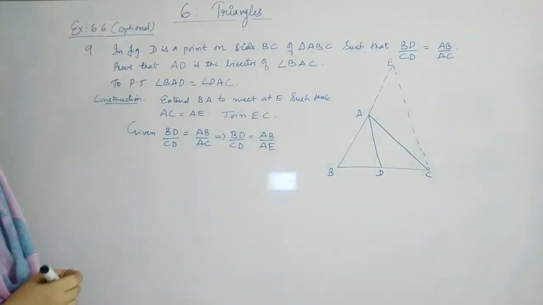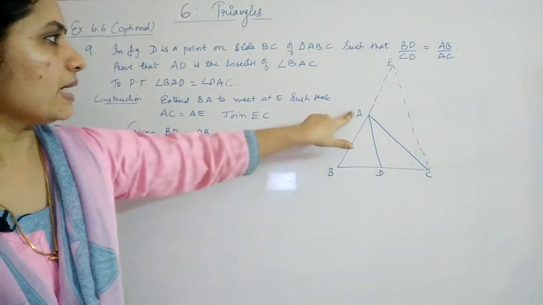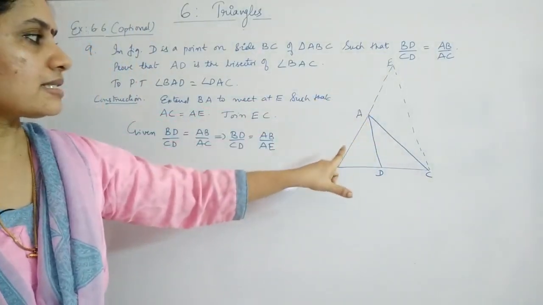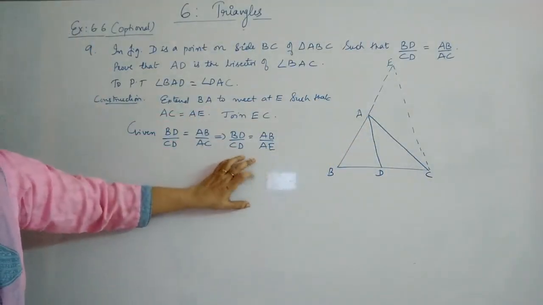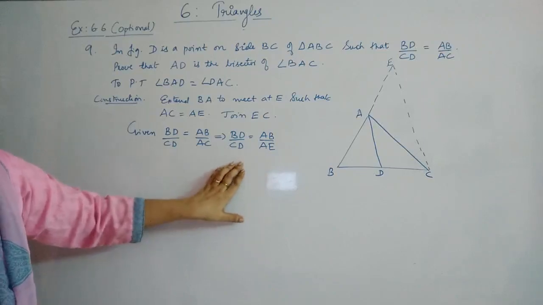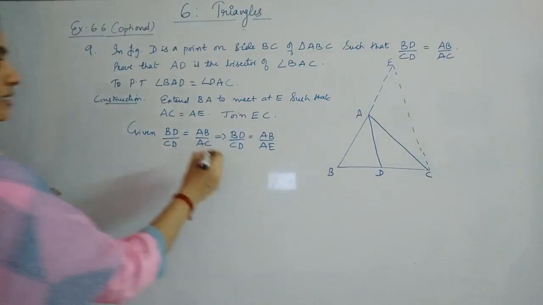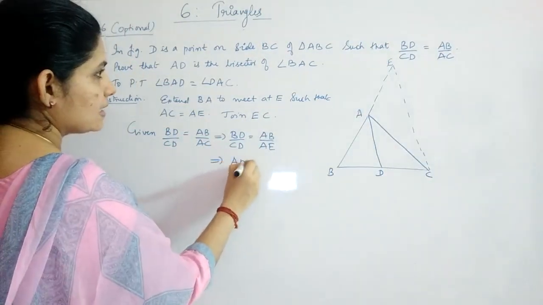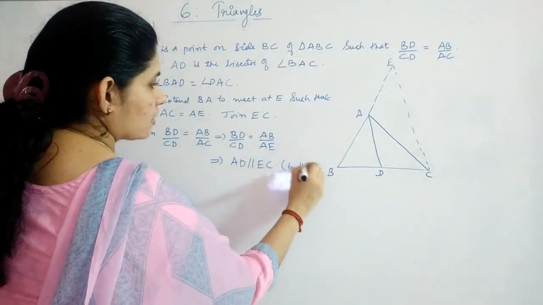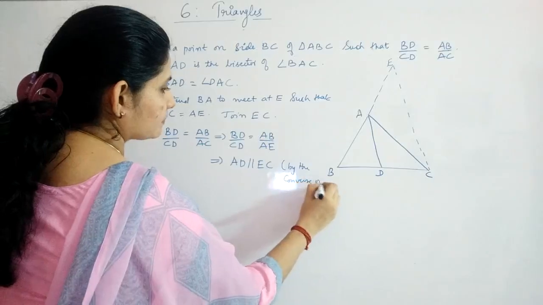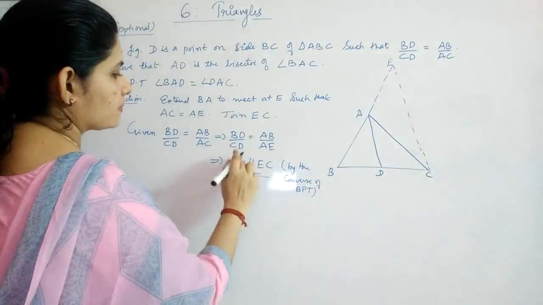Now go to the figure and see, BD by DC is equal to AB by AE. So this will give you an idea about the converse of BPT, because if you have this proportionality, you can say that these two lines are parallel by the converse of BPT, and this will imply that AD is parallel to EC. What is the reason? By the converse of BPT. Okay, so this much you got.